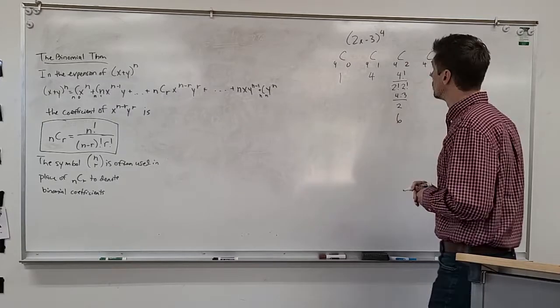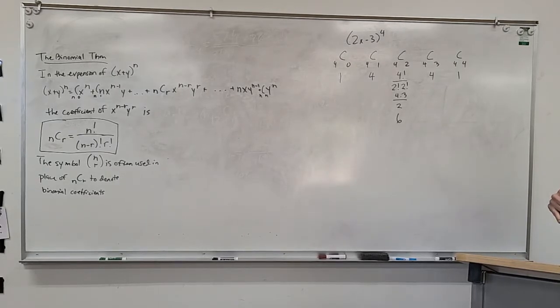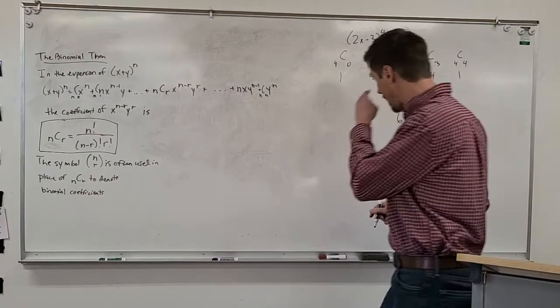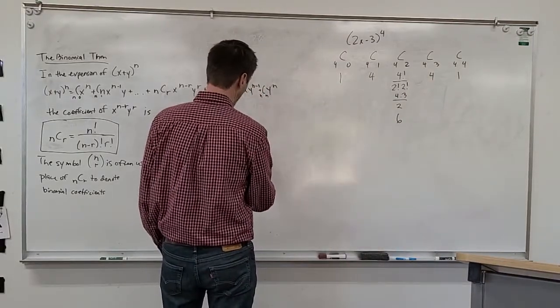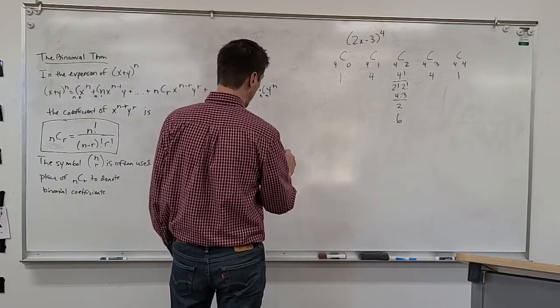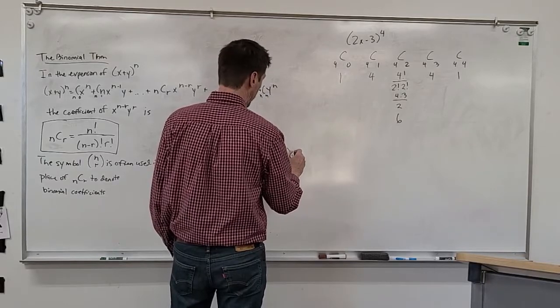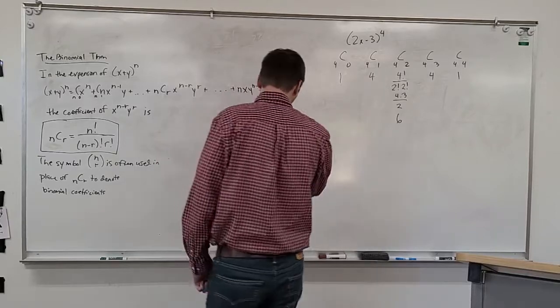Is that right? Yep. So then if we expand this guy, 2x minus 3 to the 4th, we'll have our coefficient in the front, so 1, and then we'll have 2x to the 4th power.